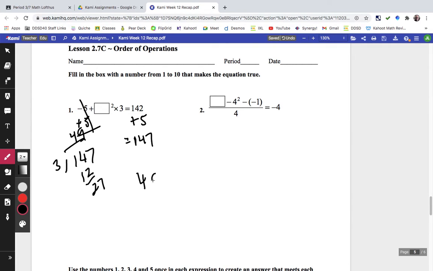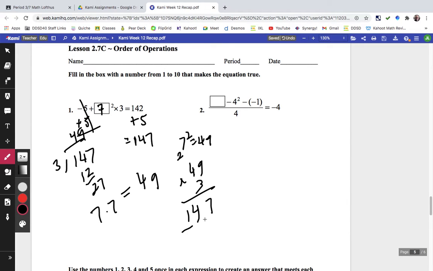So I've got 49, and 7 times 7 is 49, so if I put a 7 right here, then it's going to be 7 squared equals 49. 49 times 3, which is 147. And then if I subtract 5 from it, I get 142. So the answer was 7.